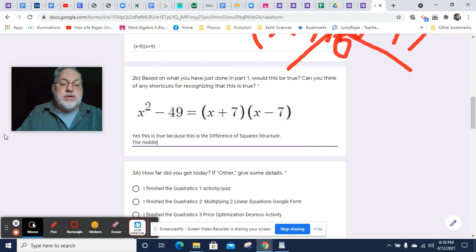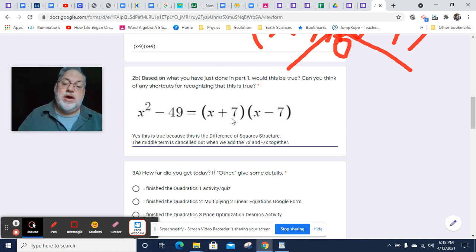The middle term is canceled out when we multiply, we add the 7x and the negative 7x together. Okay. So there's a lot of ways to think about that, but this is the difference of squares structure.